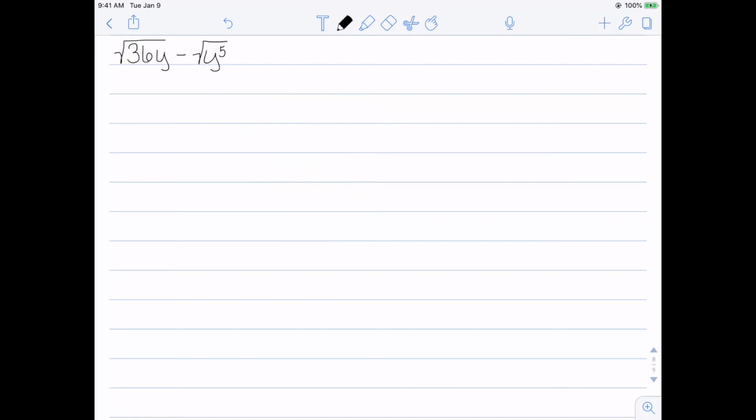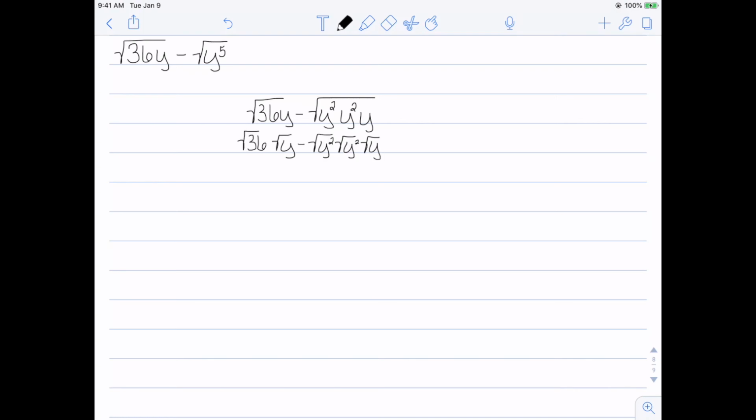The next one I want to look at is the square root of 36y minus the square root of y to the 5th. Since I'm taking a square root, I want to break that y to the 5th up in terms of y squared, which would be y squared times y, since now I still have 5 y's there in that second root. I can then break these up.